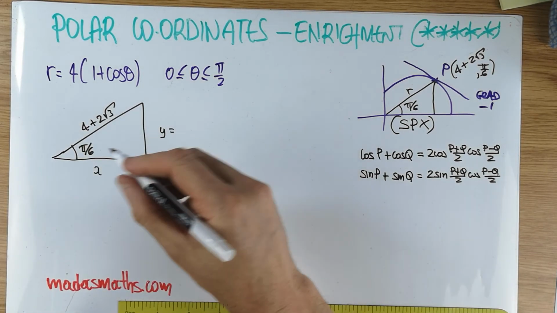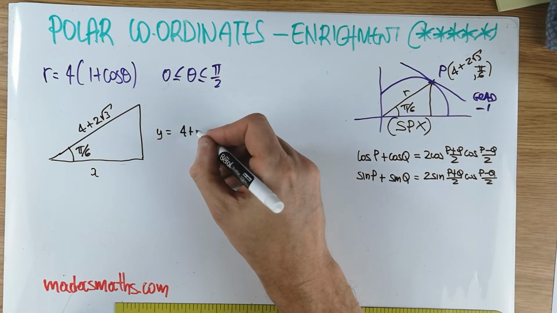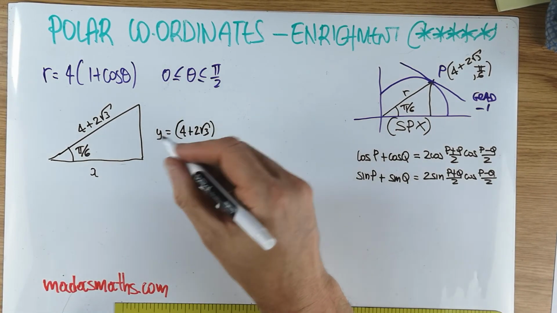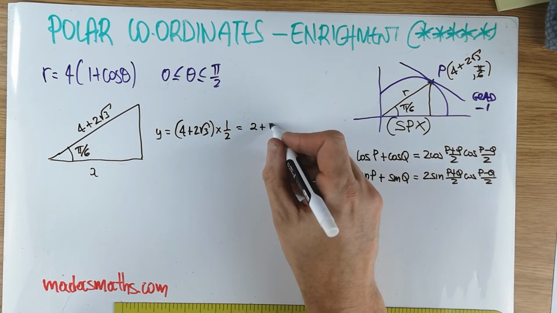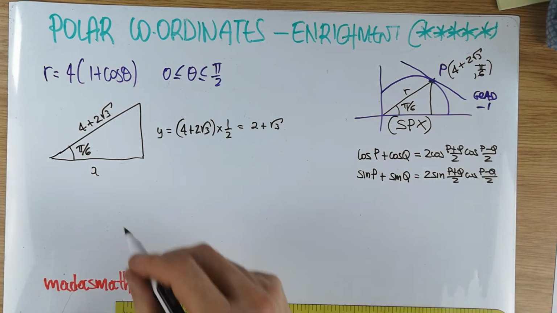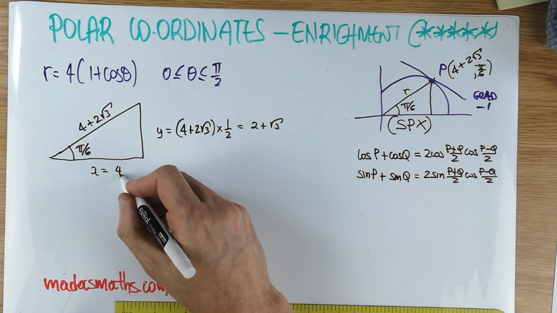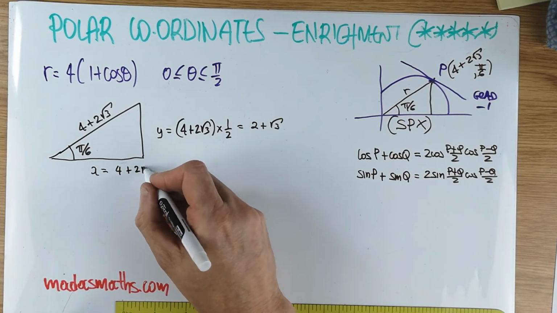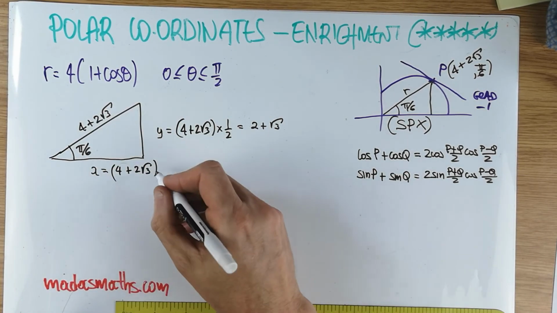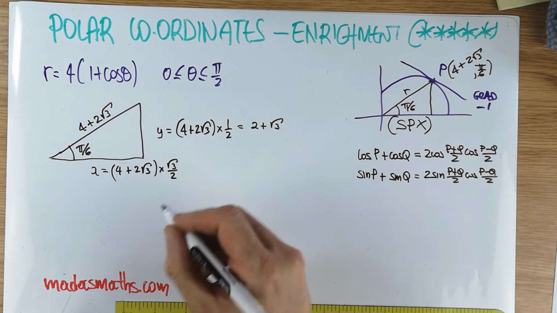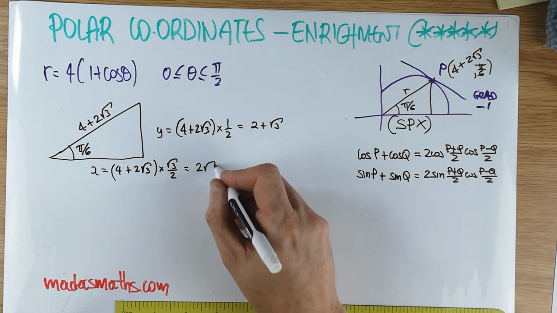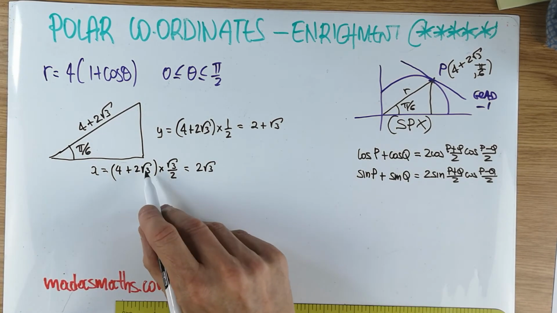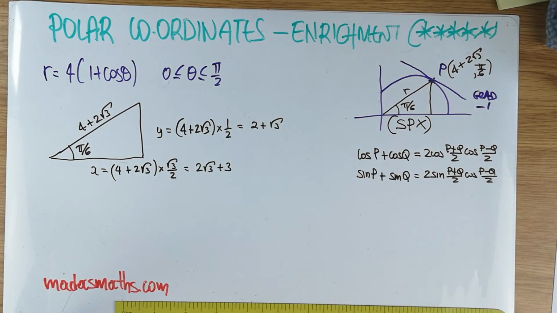So my y is 4 plus 2 root 3 times the sine of pi over 6, which is a half, and this will give me 2 plus root 3. That's the y coordinate. The x coordinate is 4 plus 2 root 3 times the cos of pi over 6, which of course is root 3 over 2. This will simplify to 2 root 3, and the 2 will cancel here. Root 3 times root 3 is 3. So these are now my Cartesian coordinates.